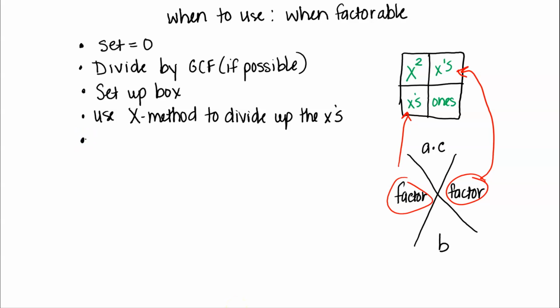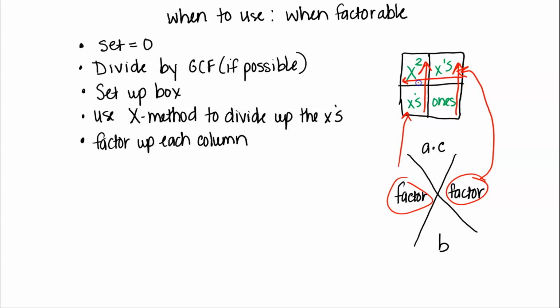Then we factor up each column and across each row of our box. So factor up each column. It means I'm going to go up, factor what these two have in common, factor what these two have in common. And if nothing else, remember they always have 1 in common.